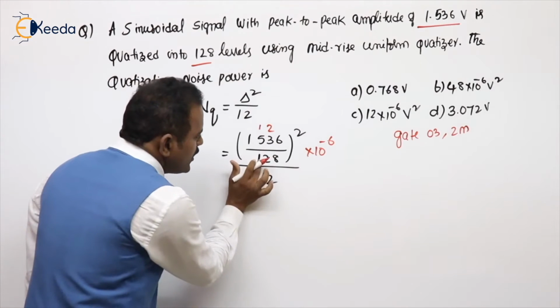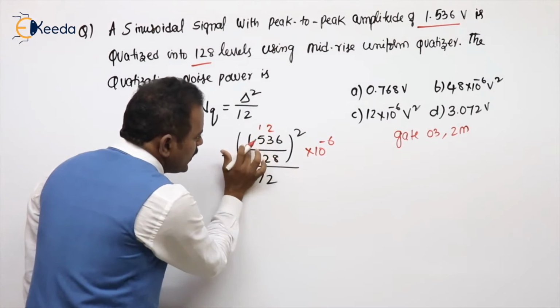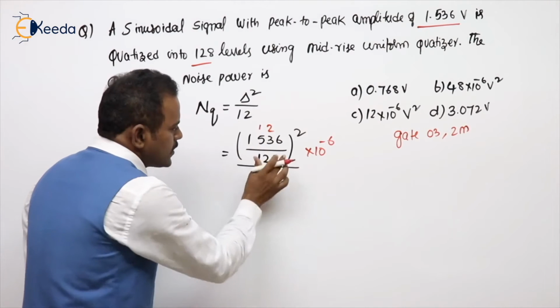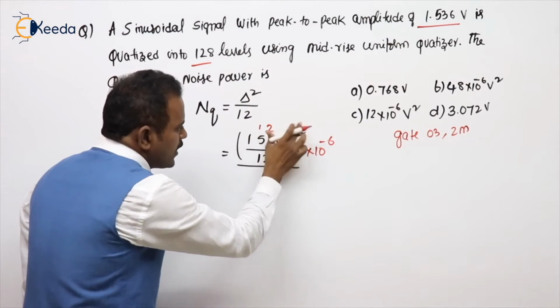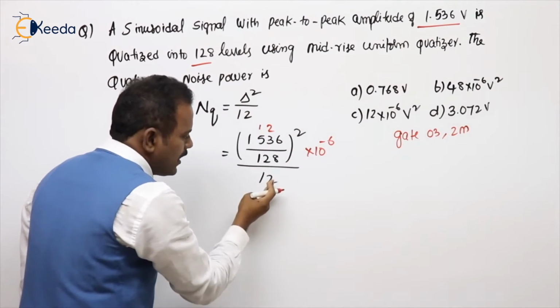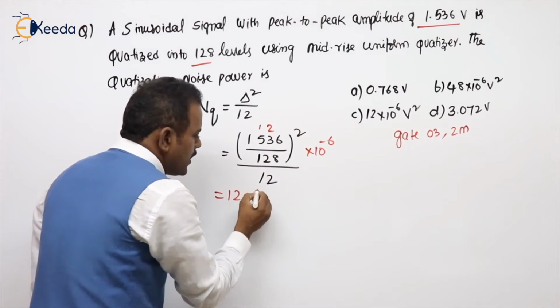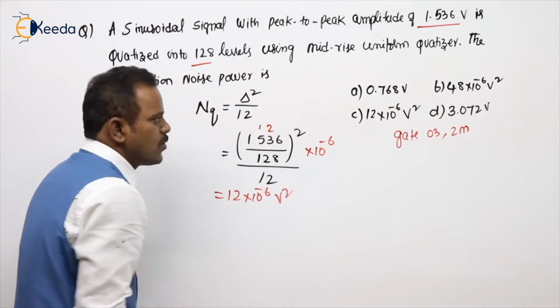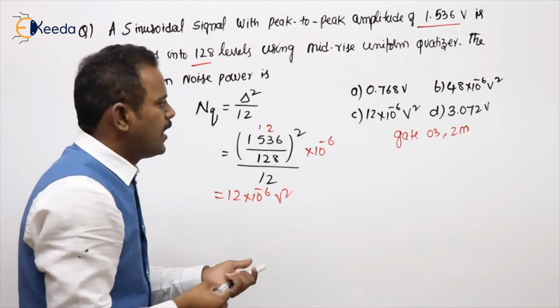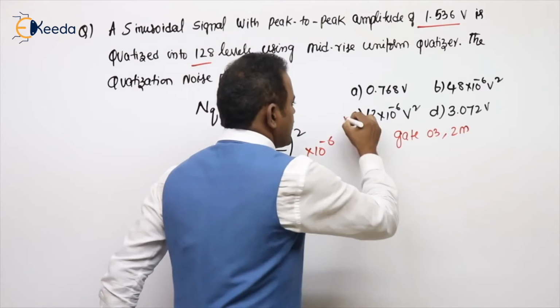So 128 12s will be 1536. So what is remaining here? 12 square, 12 square means 12 into 12. One 12 is there in the denominator, gone. Remaining is 12 into 10 power minus 6. The power means whole square. Then you can see the options. Option C is the correct one.